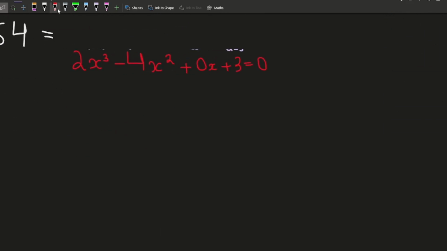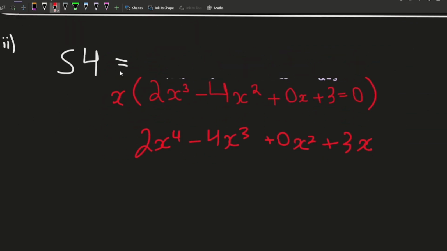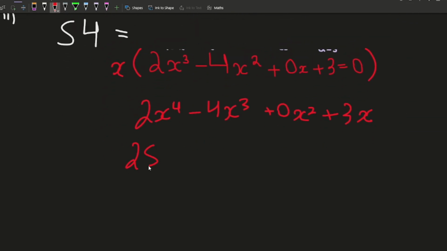By multiplying x by the whole equation. So this will be 2x to the power 4 minus 4x cubed plus 0x squared plus 3x. Now we can input S4 in place of x to the power of 4. So this will be 2S4 minus 4S3 plus 0S2 plus 3S1.